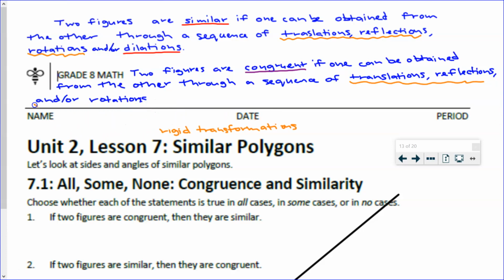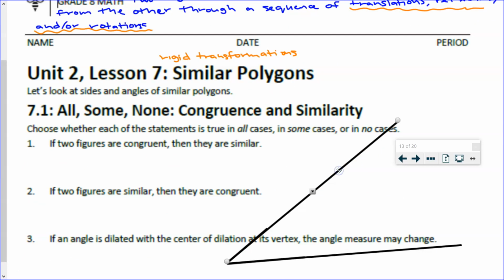If translations, reflections, rotations are rigid transformations, and they're basically the same except for this one has dilations, are similar figures going to be congruent? Look at the differences. They can? Okay, now it's time for you to discuss that. We're actually moving on to the lesson. Please ignore this. This comes later.